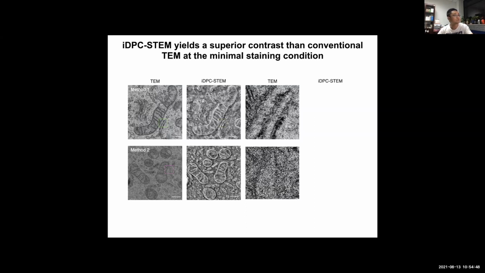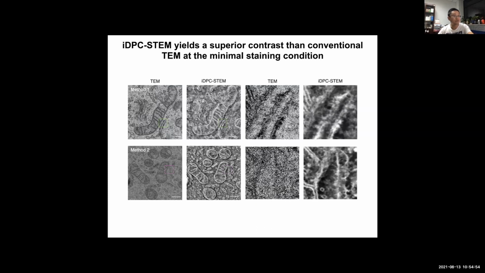And when we zoom in, we can make a clear comparison. For the minimum staining condition, in RTP STEM we can clearly see there are two vesicle-like ultrastructures here, but we could not see them in TEM images.